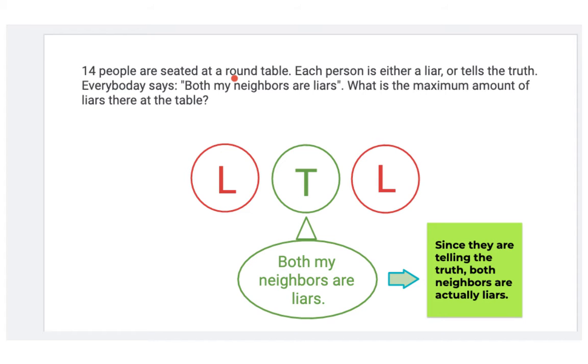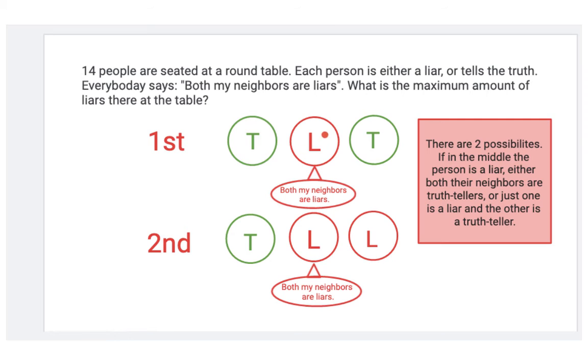Well, first of all, if the person in the middle is a truth teller, then both of their neighbors are liars, since they are telling the truth. So, next, if the person is a liar, then there are 2 possibilities.